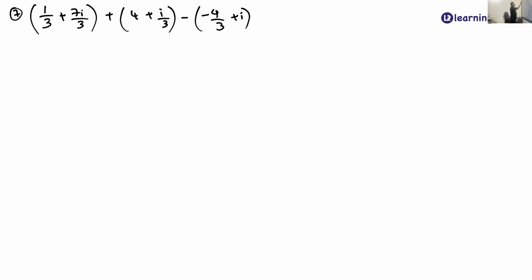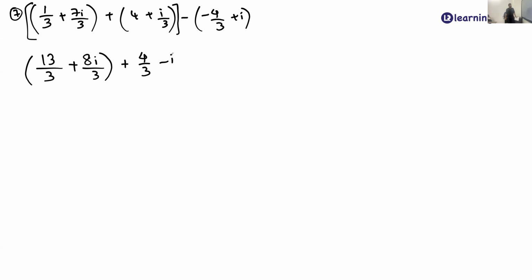So this is given within the square bracket. So 1 by 3 plus 4 is how much? 1 by 3 plus 4 is 13 by 3. 7i by 3 plus i by 3 is 8i by 3. Minus, actually this is minus of minus, so it will become plus 4 by 3 minus i.